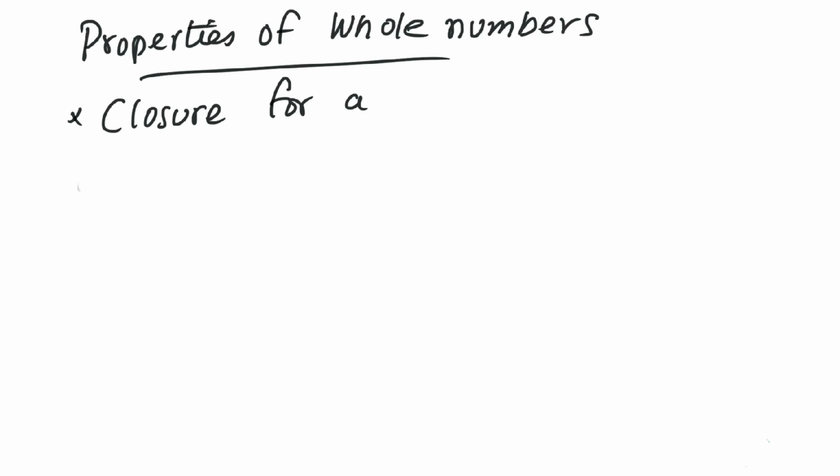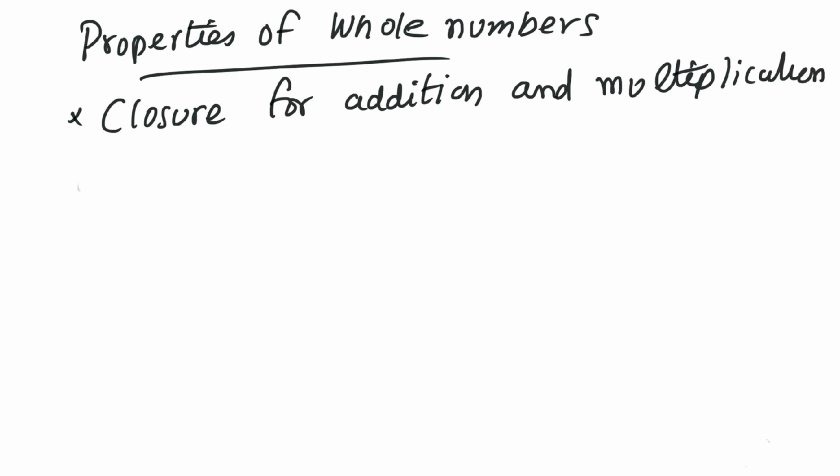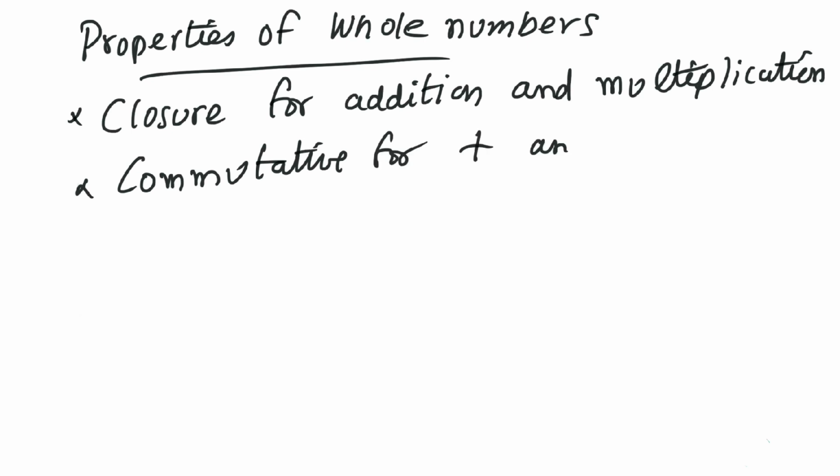Now, looking at the properties of whole numbers, first is the closure property, which works for addition and multiplication. An important point which I'd like to state here is that students are requested to view the first video to see a detailed description of the properties, because the same concept, the same theoretical principle, is being continued here also.